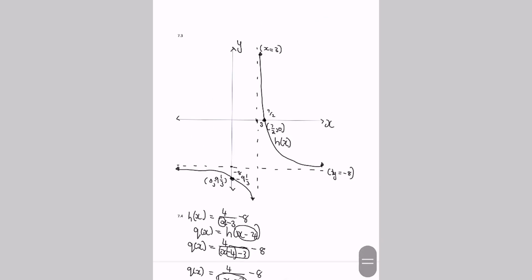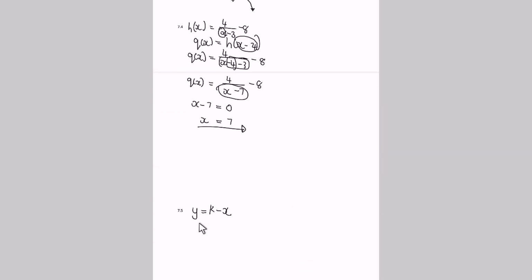So what is the axis of symmetry of the graph of h? The axis of symmetry of the graph of h is x equals 3 and y equals minus 8. Therefore, what we're going to do is substitute positive 3 and minus 8 into this equation.